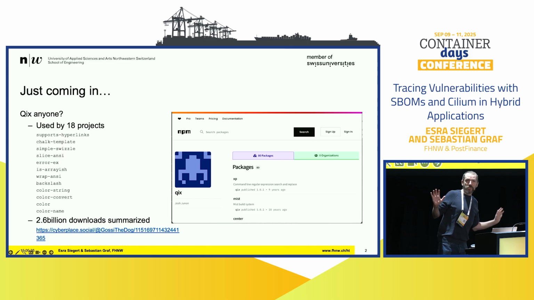I'm not a JavaScript developer. Nevertheless, about 2.6 billion downloads over transitive packages at the moment. And just because of a phishing attack, as far as I know, it became vulnerable. So this is just coming in as a motivation.